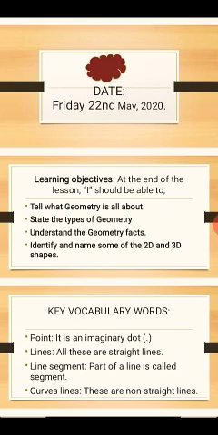We looked at what a point is, and I told you it is an imaginary dot. When two points are joined together by a straight line, the result is what is called a line. All that will be straight lines.